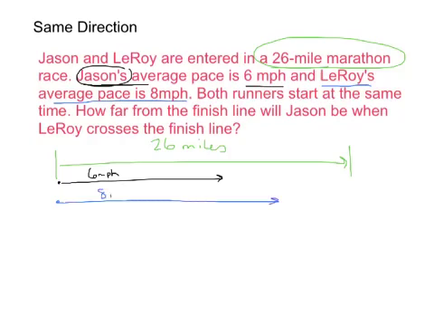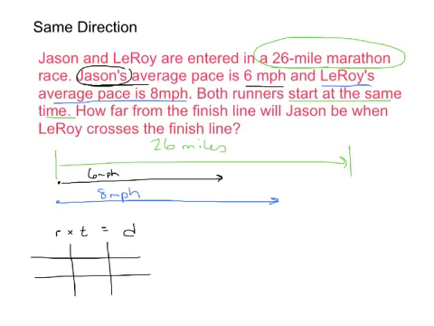So if you're looking at this, who's going to finish the race first? Especially when it says that they're going to start at the same time. Well, Leroy is. He's traveling faster. So I can use a chart where rate times time equals distance. I'm going to set up the chart with Jason and Leroy.